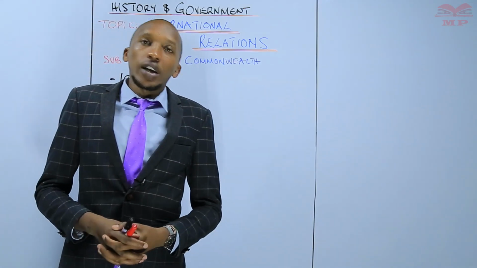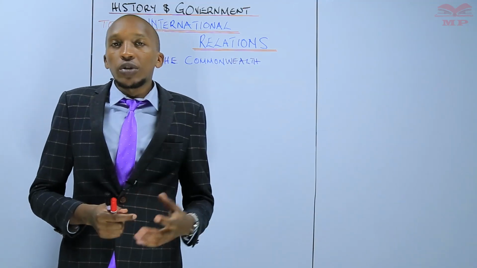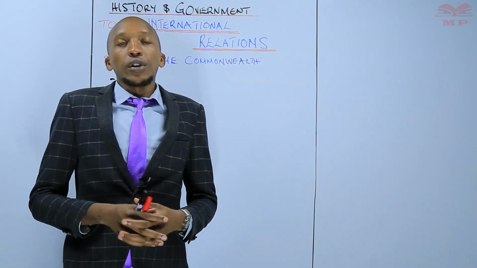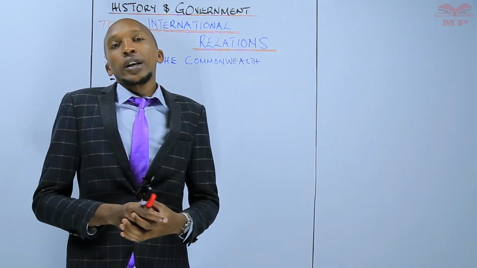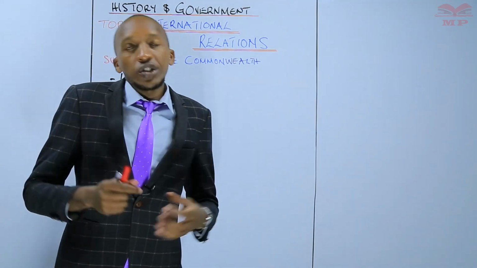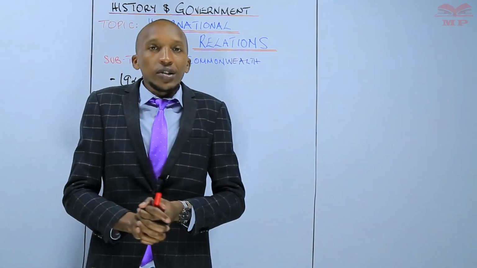the other dominions that had become autonomous before. Remember, we talked about the Statute of Westminster that allowed dominions within the British Empire to become autonomous or to have their own autonomy as a dominion.